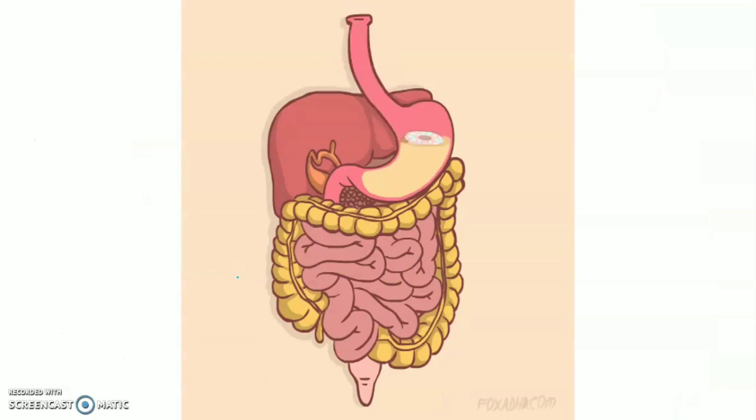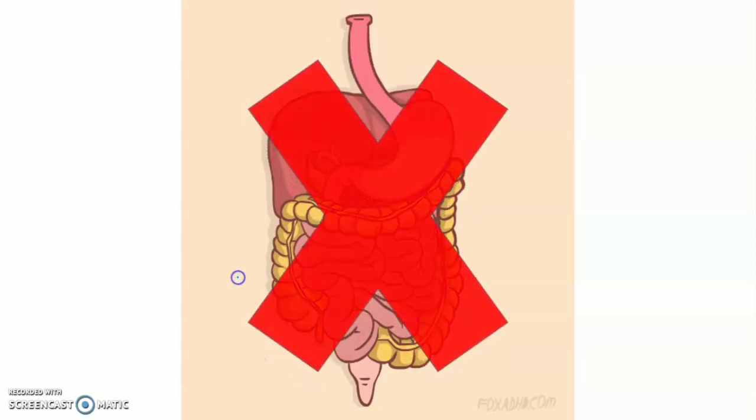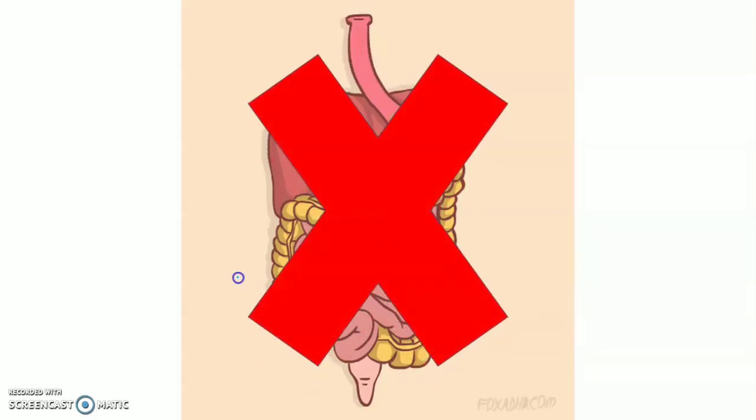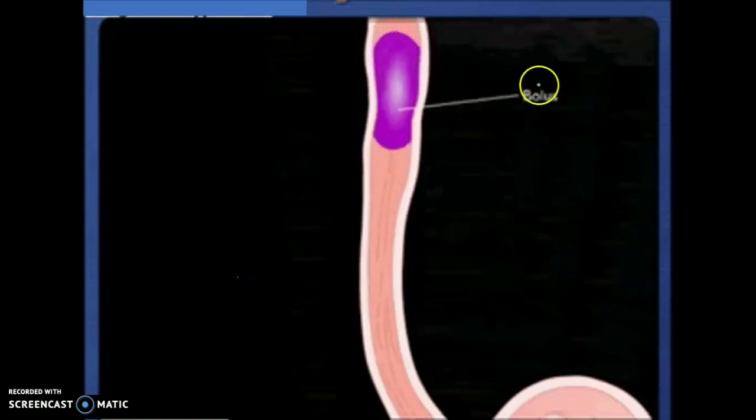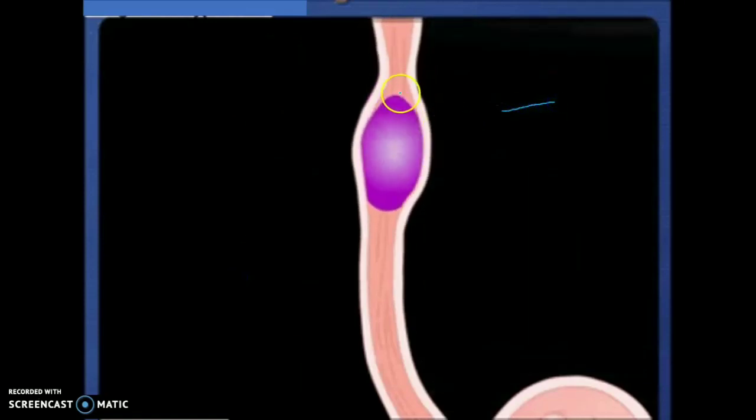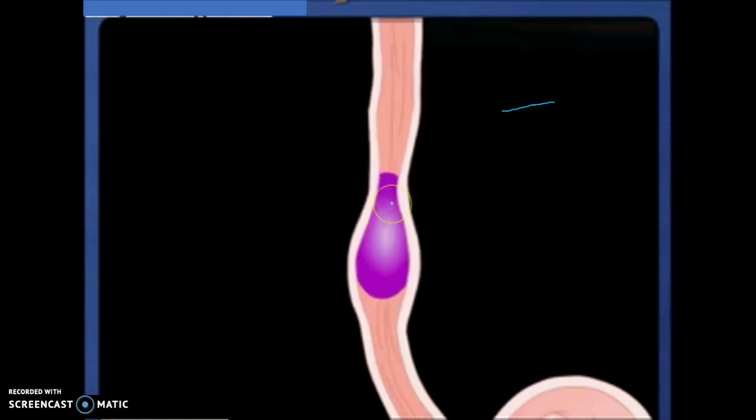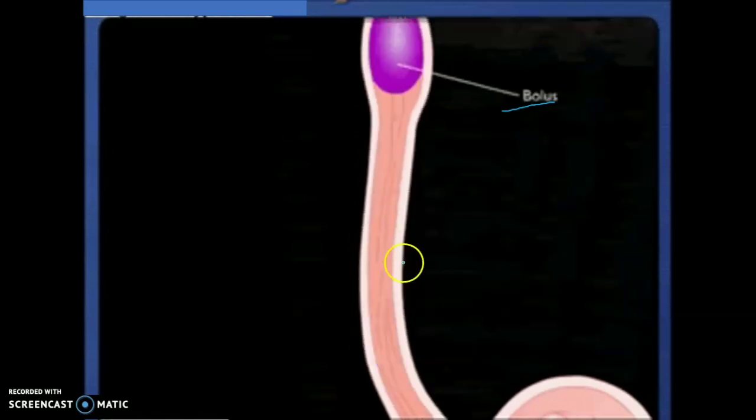What do you think? The food ball, does it just drop down from the esophagus like it is doing in this picture? No, that does not happen. You see this? This is the bolus. Do you see the contraction and the relaxation happening?